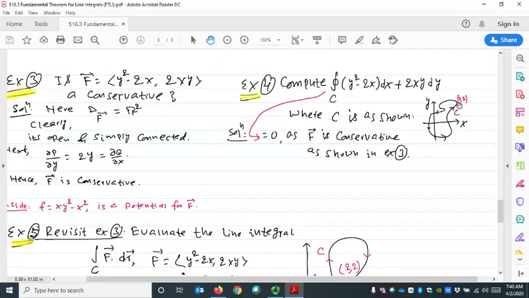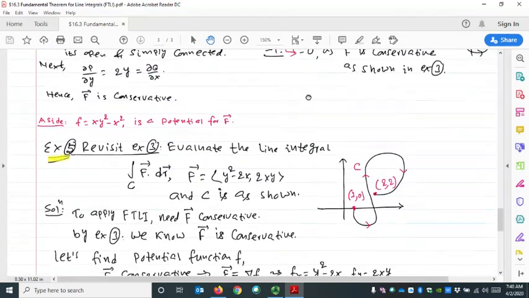We know this curve starts at point (3, 2) and ends at point (3, 2), so it's a closed curve, and we know y squared minus 2x and 2xy is a conservative vector field. So by one of the equivalent conditions, the line integral over the closed curve is simply 0. Correct. So now let's move on.